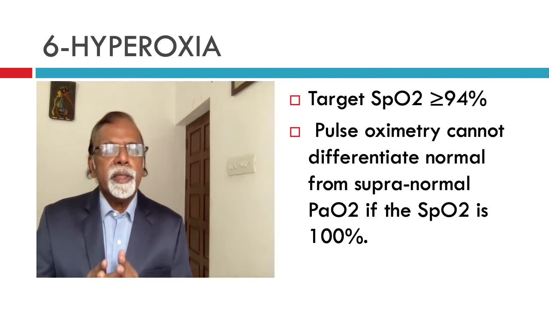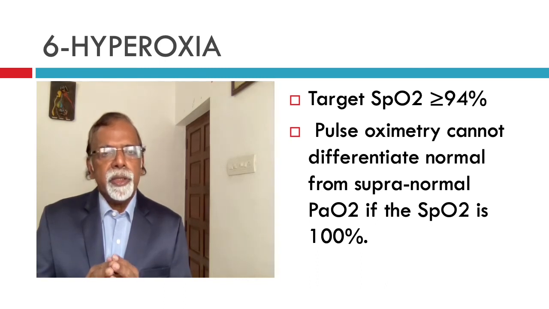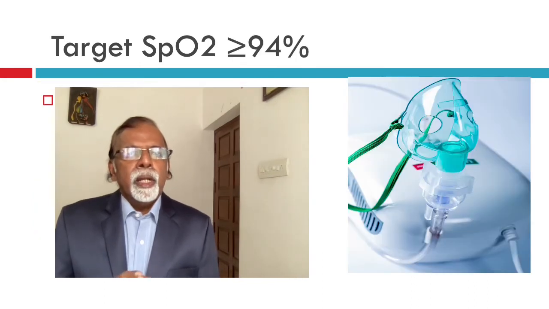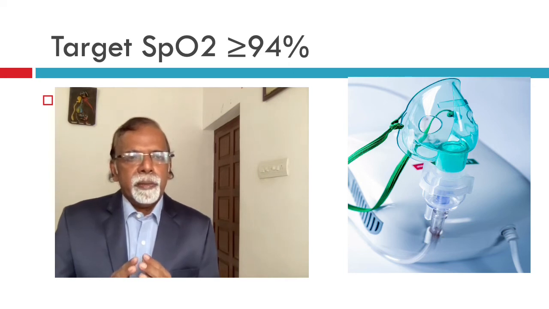It will be given as SpO2 100%. So remember this point: hyperoxia cannot be identified by SpO2. It will be around 100 only. Hyperoxia is harmful, so that is the reason, especially in patients with a cardiac arrest, you should be careful in giving hyperoxia.